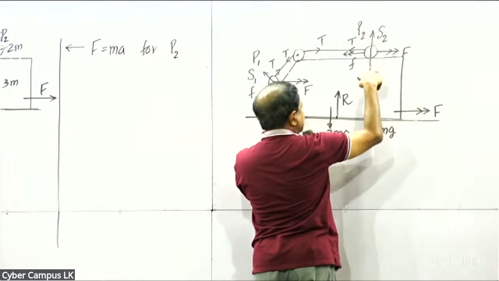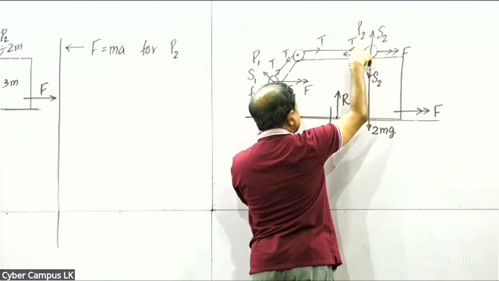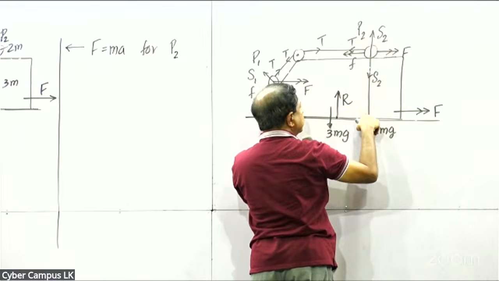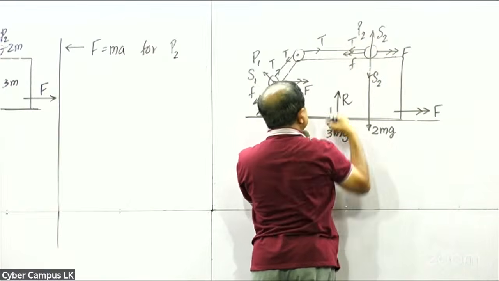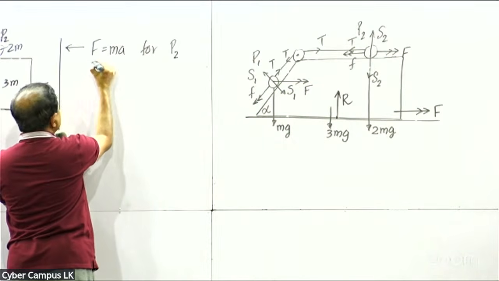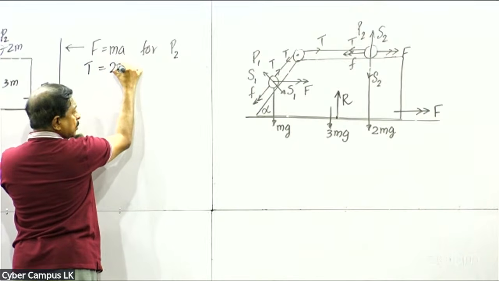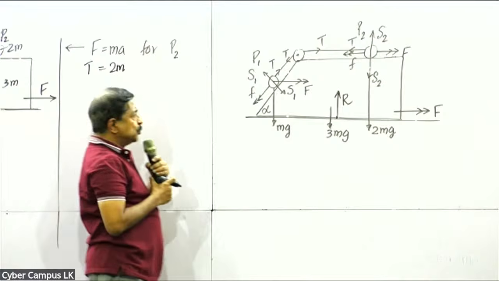There's a force, I'm sorry, weight and the reaction, and there's a tension, T. Mass is 2m. Remember that the mass is 2m.